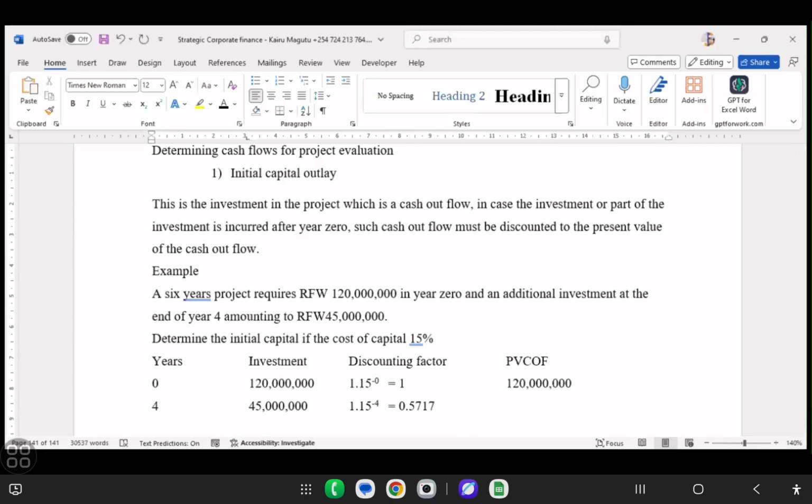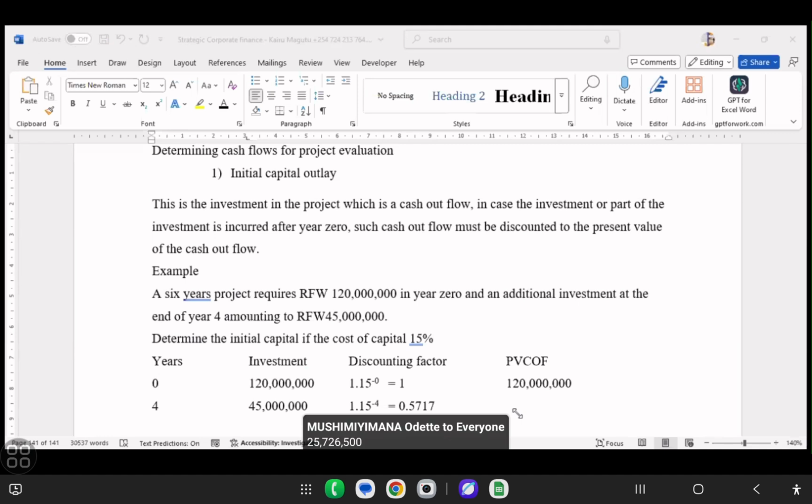Someone says 25,726.5. Can we confirm that? 25,726.5 is what I see. I think that is the correct thing.